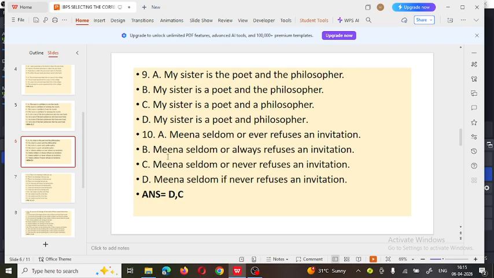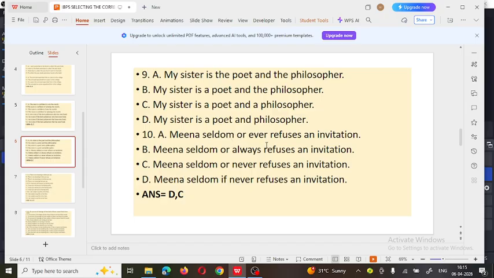Now in these three options A, B, C, what you are able to observe here is "seldom". Seldom means the frequency is very low, near about never. So when we have used "or" here, the next word should be according to this "seldom".